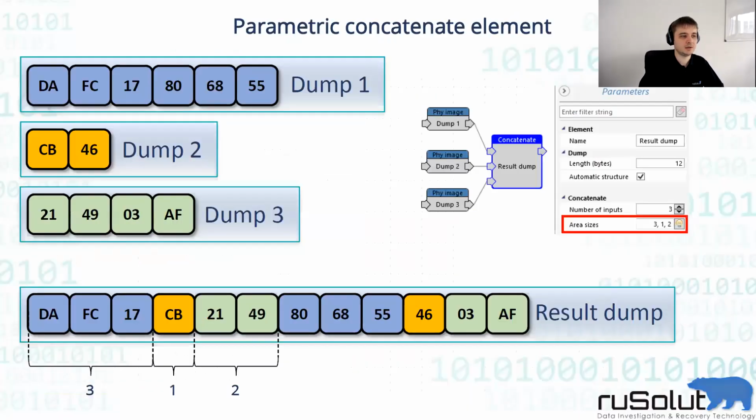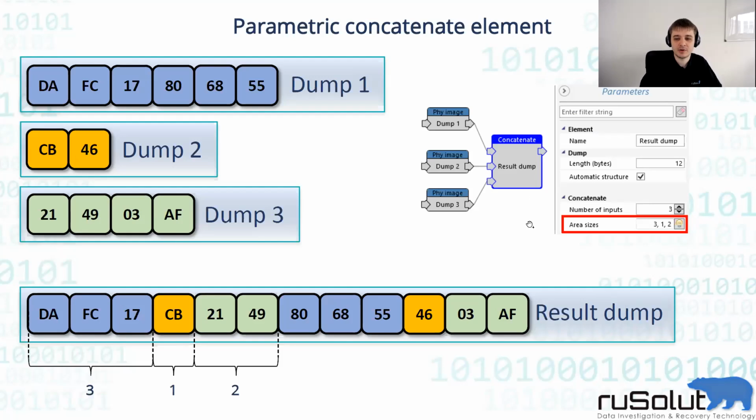The next thing that I could discuss and explain is the parametric concatenate element. This element is an update of our standard concatenate element, but now with the help of this element it's possible to concatenate a few dumps of different sizes with some parameters, with some rules.